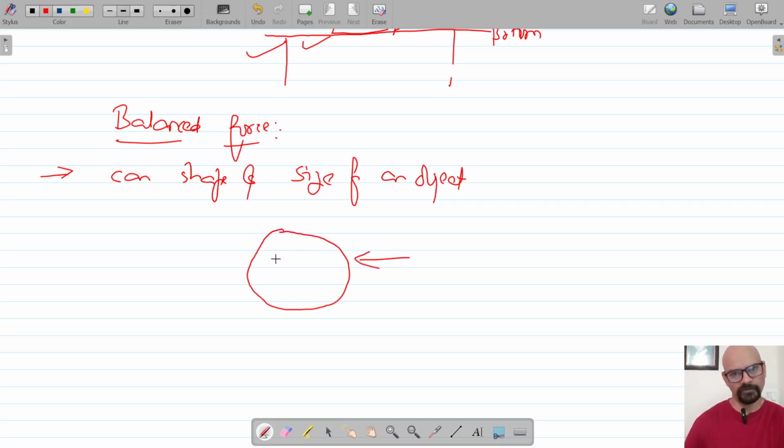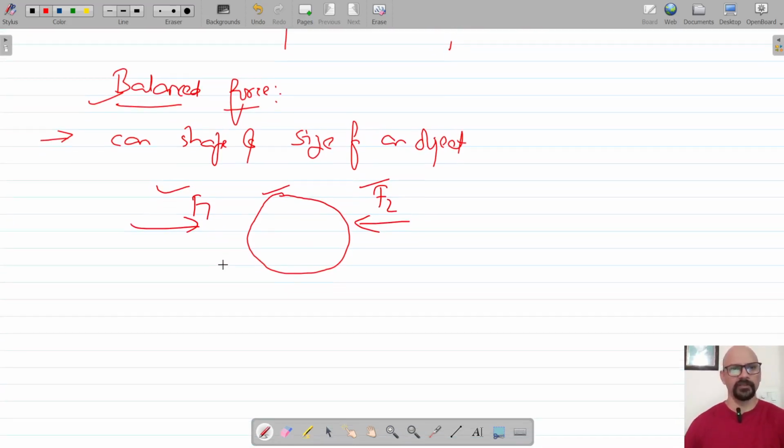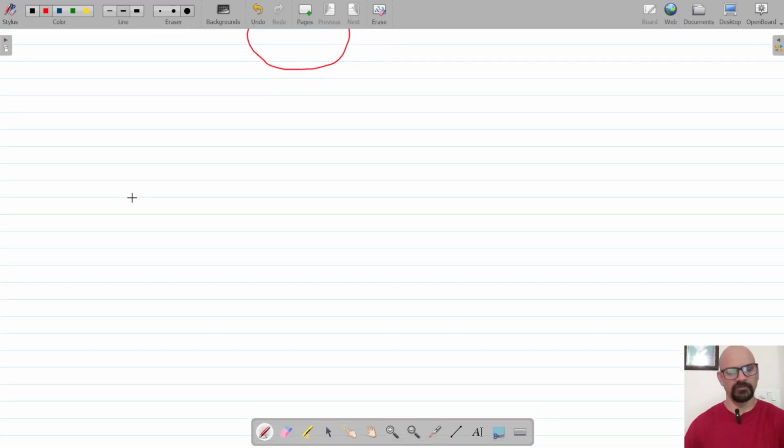If we apply force from this end and from this end, we can squeeze the balloon from both sides and it changes the shape of the balloon. So the force that we have applied from both ends is an example of the balanced force. So balanced force can change the shape and size of an object.